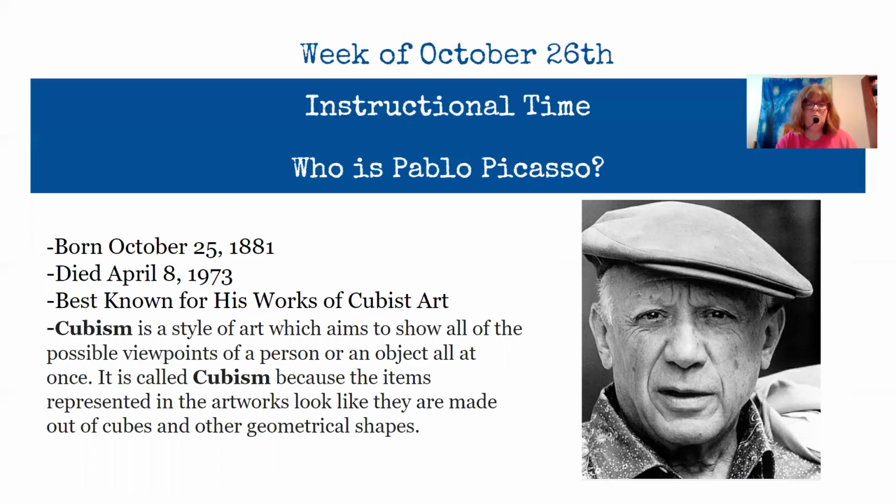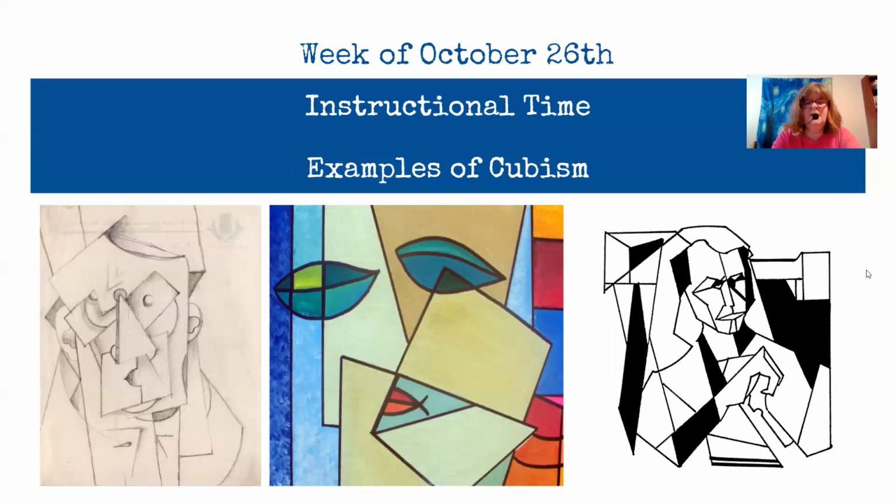And that is called cubism because the items represent artworks that look like they are made out of cubes or geometric shapes like triangles and circles and squares and rectangles, right? So let's look at some examples. Now, these are three pictures of a person, not necessarily the same person, but these are examples of cubism.